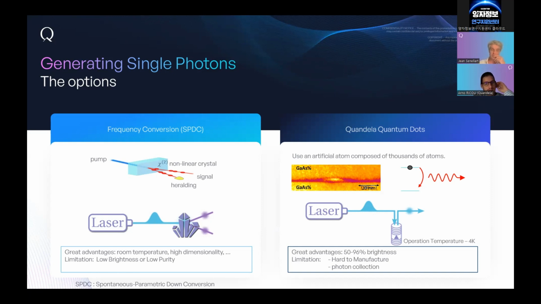The limitation is that you need to choose between the brightness and the purity. If you want a higher throughput of single photons coming out of this nonlinear crystal, you can do it by shining light with high intensity on the nonlinear crystal. But if you do so, the purity would be bad.